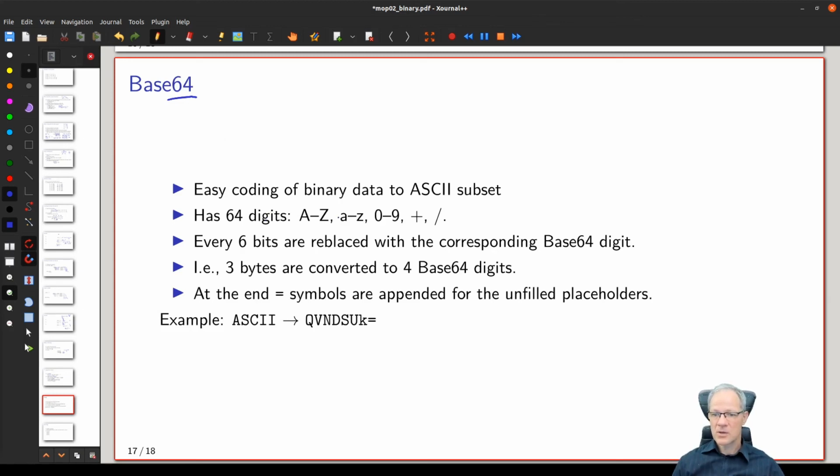The way it's done, we borrow the letters, both uppercase and lowercase, digits, and the plus and division sign. These are the symbols that add up to 64 different digits in our new base 64 system. And why is this convenient? Perhaps because every 6 bits are replaced with 1 digit from the system.